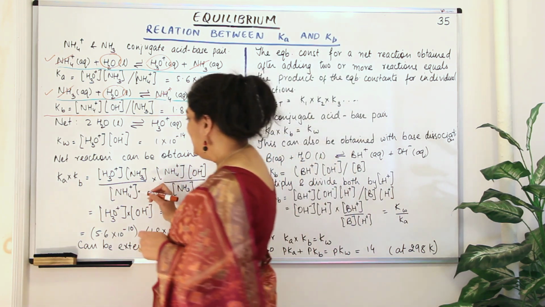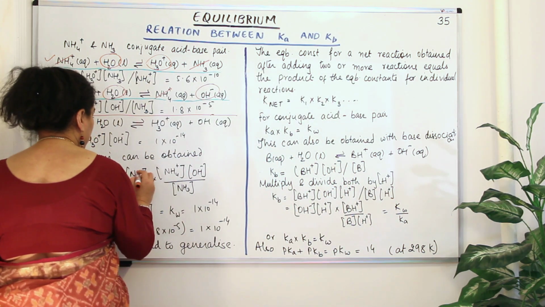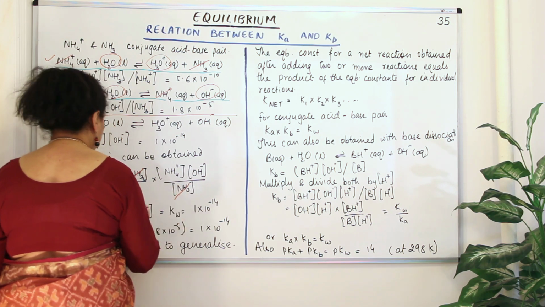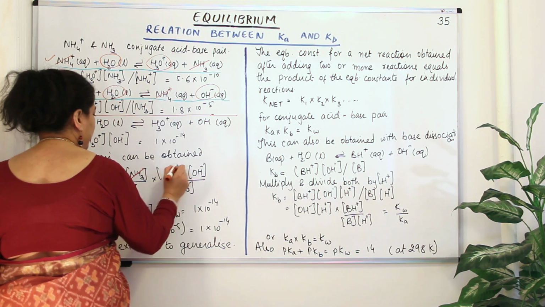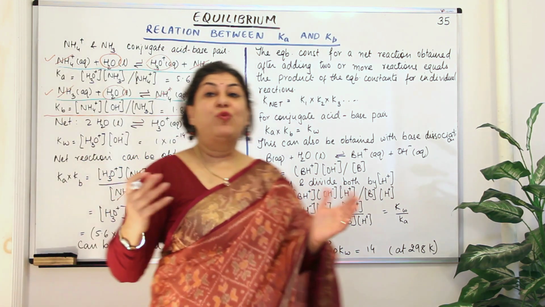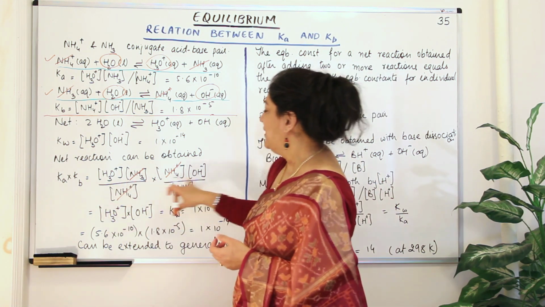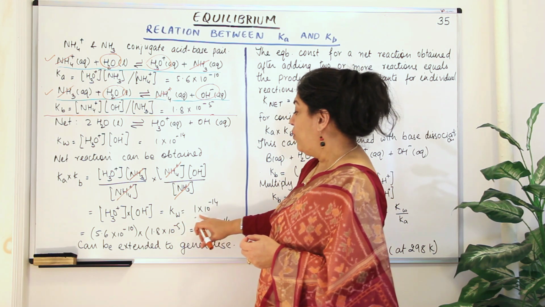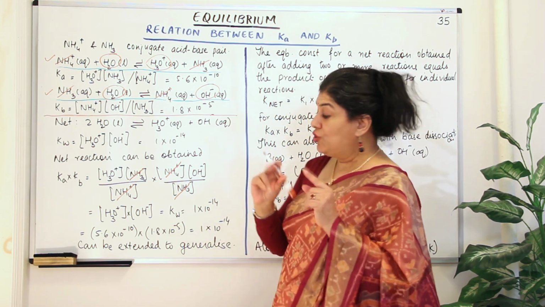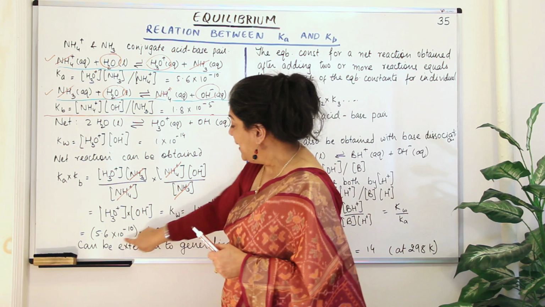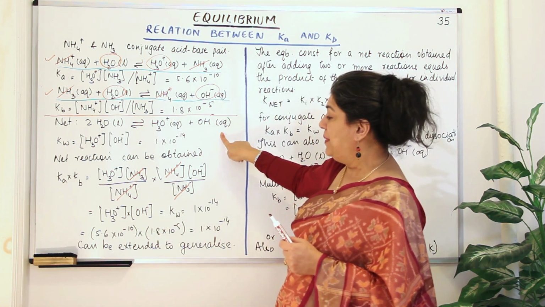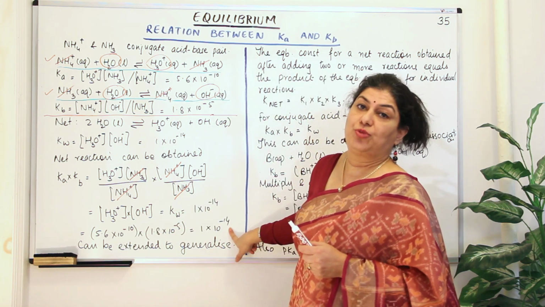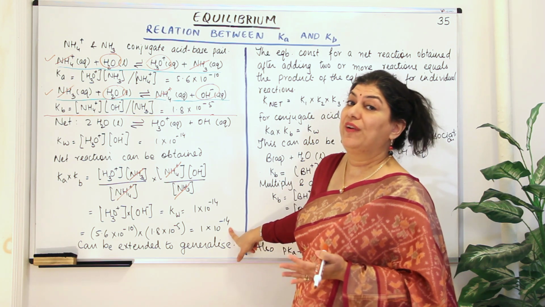If you see, NH3 cancels out and NH4 positive cancels out, and you are left with the ionic product of water, which is 1 into 10 to the power minus 14. So to verify this, when you multiply these two values of Ka and Kb, they should be equal to 1 into 10 to the power minus 14, and that is what we find them out to be.